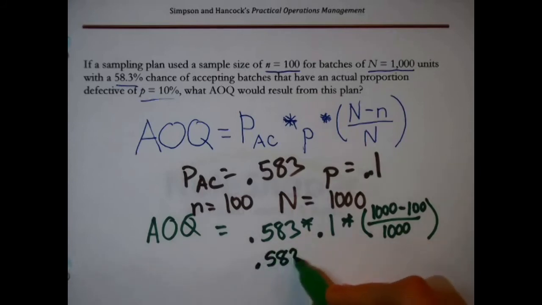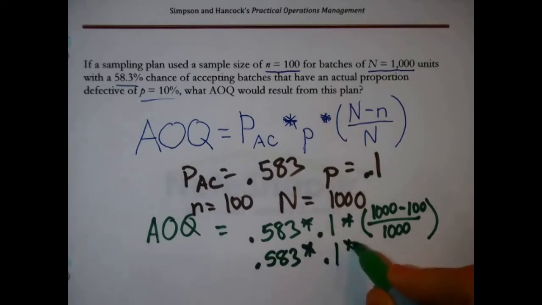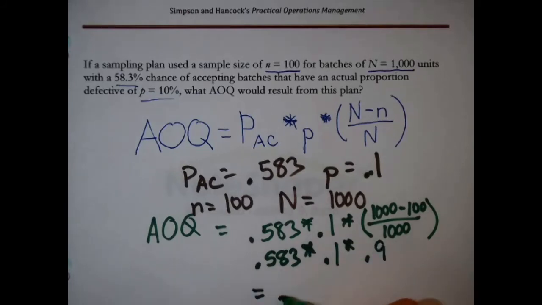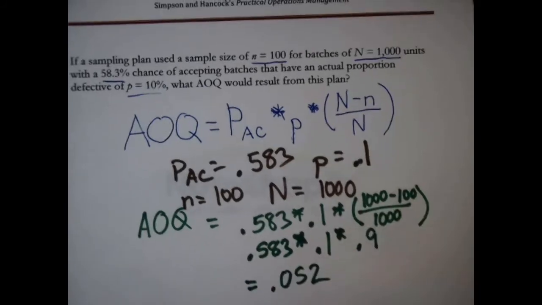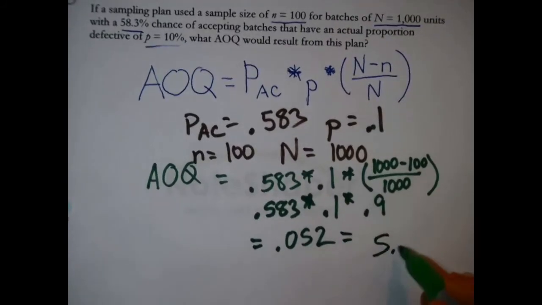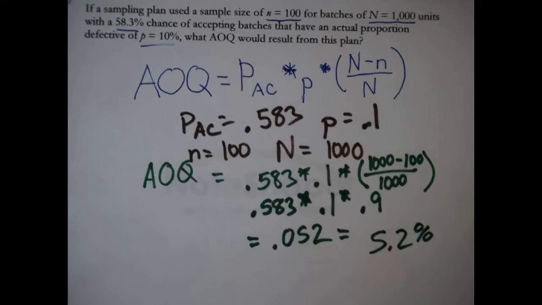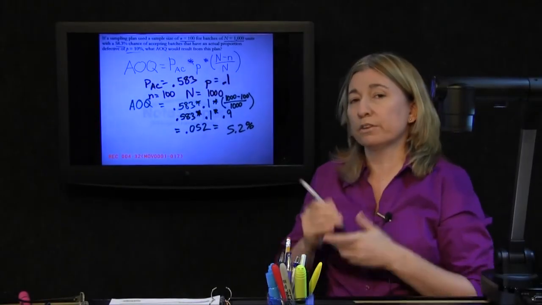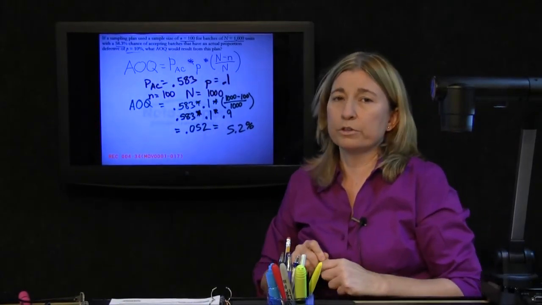On my calculator, 0.583 times 0.1 times 900 divided by 1,000 is 0.052 on the display, which is to say 5.2%. The average outgoing quality in this particular case is 5.2%.